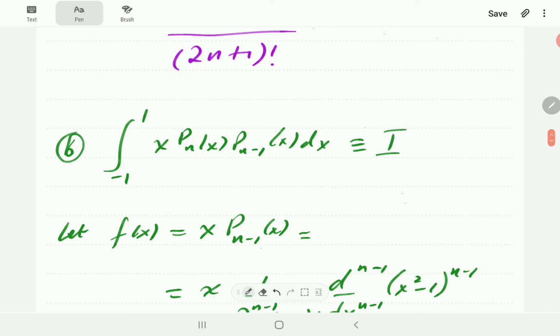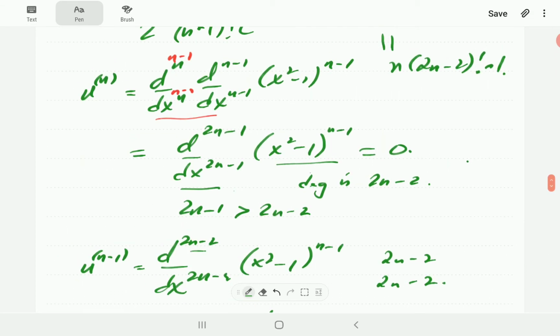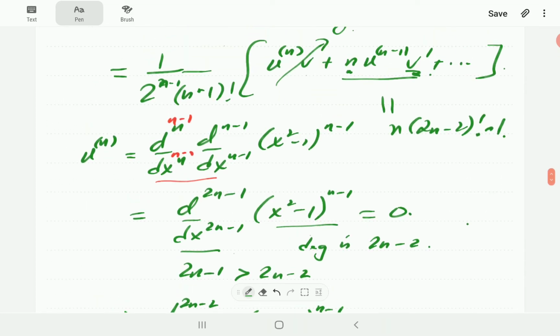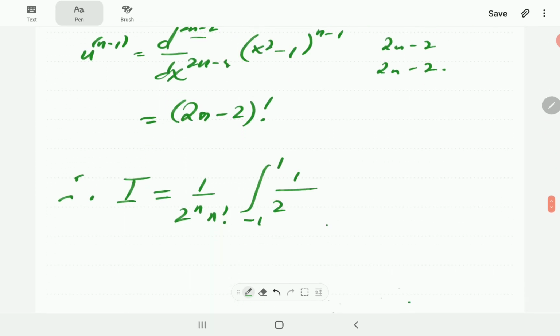So let's let this thing be equal to I. So what's going to happen is that I is going to be equal to 1 over 2n into the integral of the term that's coming from, so remember here there's still this term there, so there's going to be 1 over 2 to the power n minus 1, and then in the numerator we're going to have n times 2n minus 2 factorial.